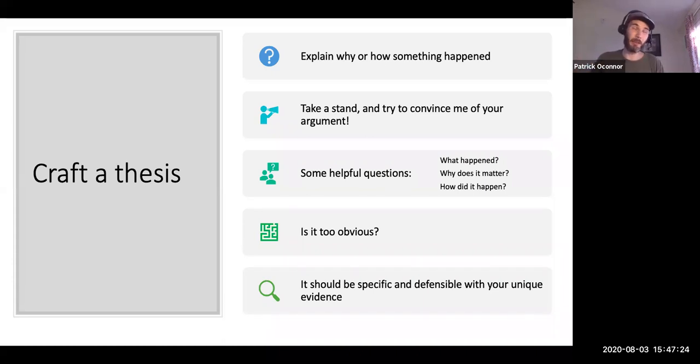And without a strong thesis, for one, it's going to be brutal for me to read your paper because it's just going to seem like an assortment of things that you found, but they're not necessarily going to be related, and there's not going to be anything interesting because your analytical thinking won't be present in the paper, right? So that's what I want to see, is you putting yourself out there, trying to make an argument, trying to take a stab and defend it with some evidence.